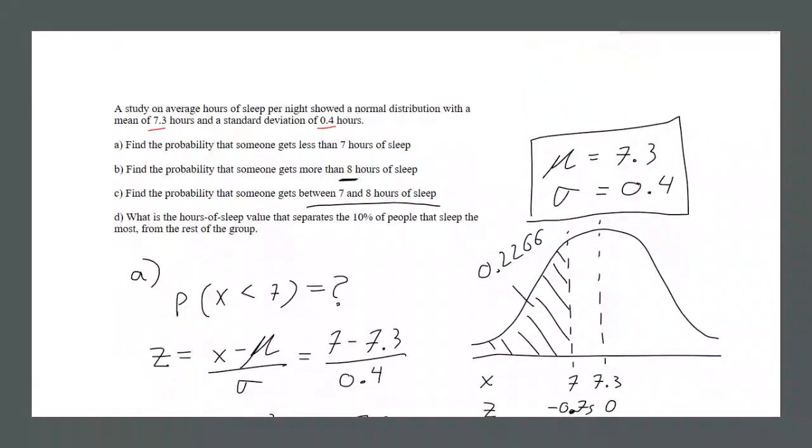Part D asks, what is the hours of sleep value that separates the top 10% of people that sleep the most? Okay, separates the 10% of people that sleep the most from the rest of the group. So here we're actually given the probability or the proportion, and we're asked to find the hours of sleep value.